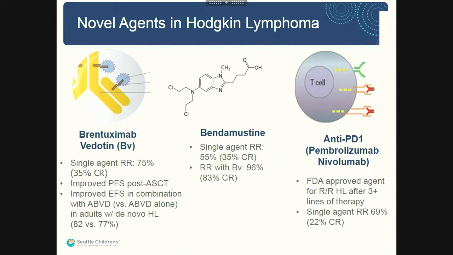And then you guys have probably all heard about nivolumab or pembrolizumab. These are really popular in the adult setting where they've been able to cure incurable malignancies. But they work by reactivating the immune surveillance that your body is supposed to do to cancer cells.